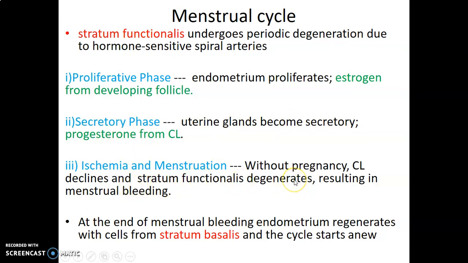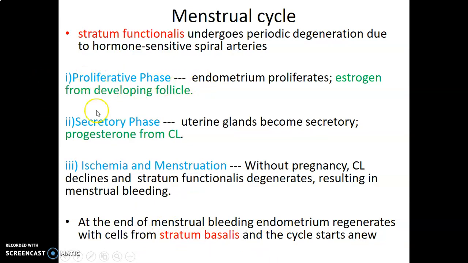So there's no good blood supply, stratum functionalis degenerates, and this leads to menstrual bleeding. At the end of the bleeding, the endometrium starts to regenerate from the cells of stratum basalis. Then we start again back to the proliferative phase, then secretory phase, then the menstruation phase.